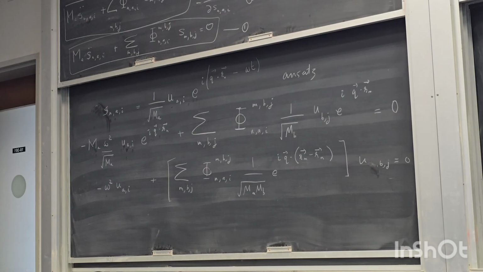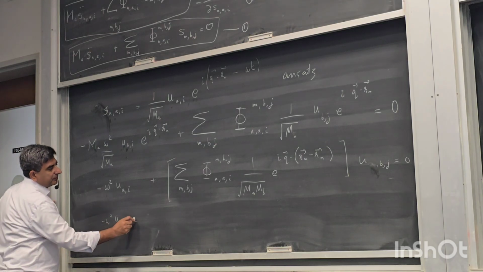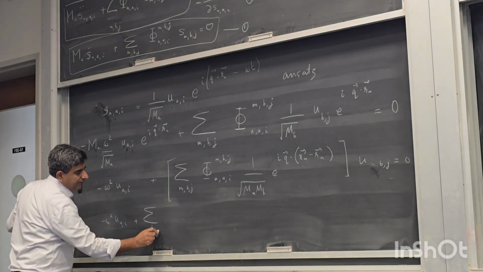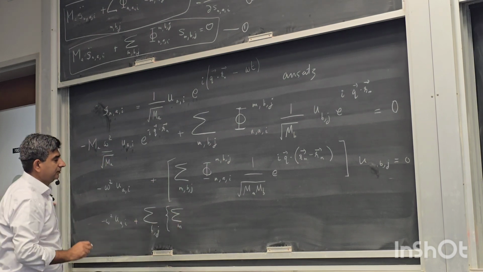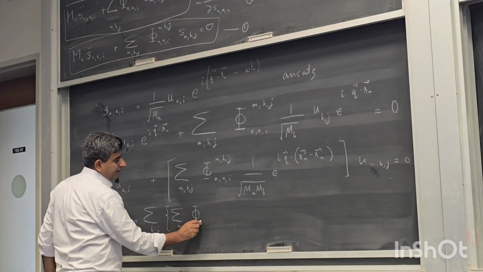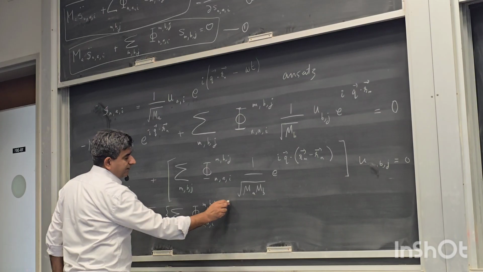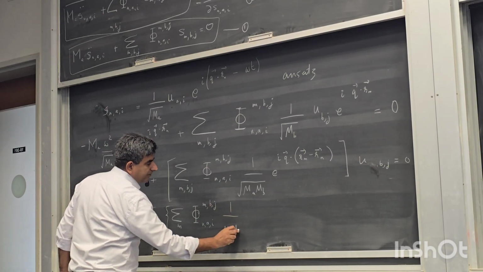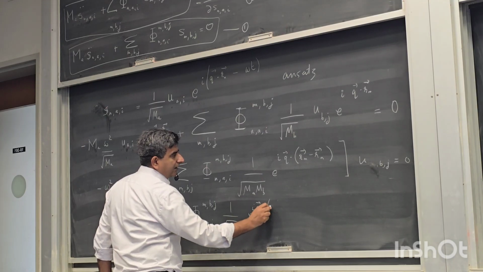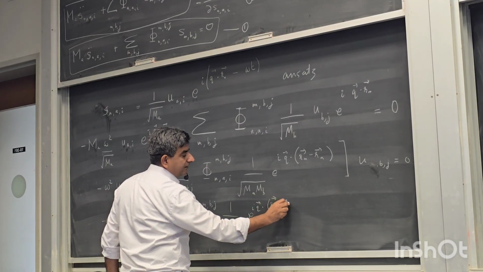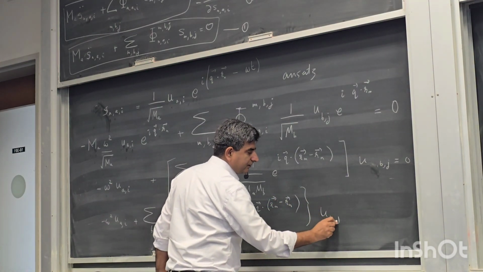So what I could also do is, so conventionally I could write this as plus sum over Bj, sum over M. I separate this out, phi NAI MBJ 1 over MA MB EIQ RM minus RN UBJ.